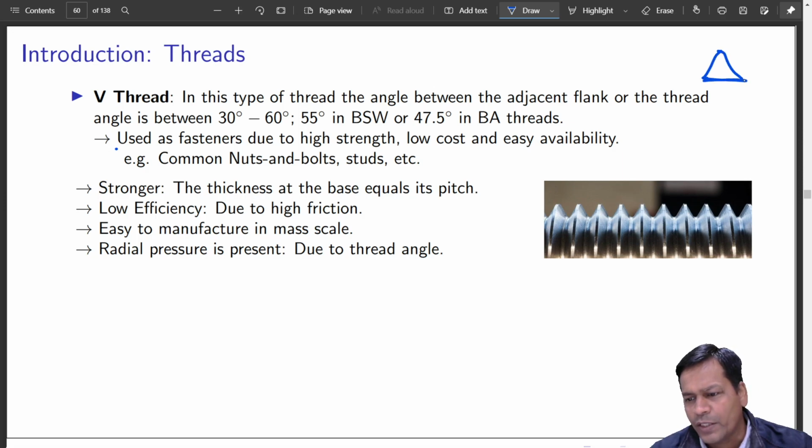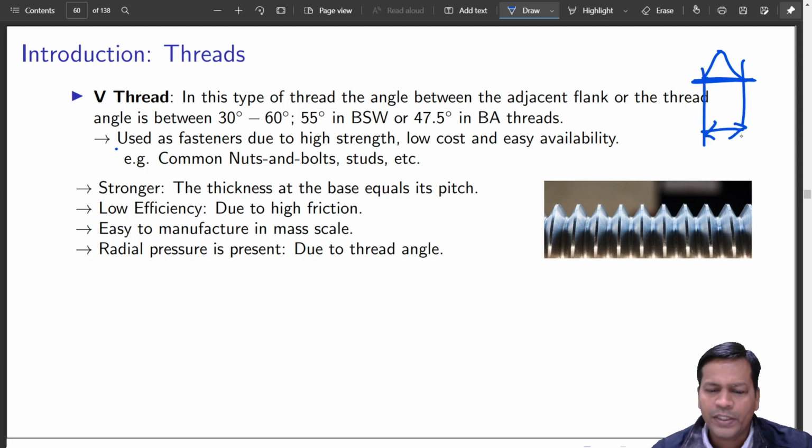This is very wide. So where is the one which is not wide? I'll show you that also. The base width is very, very wide in this type of thread, and they are stronger. They are grouted to the main cylindrical surface with a very strong binding. That is why it is stronger.